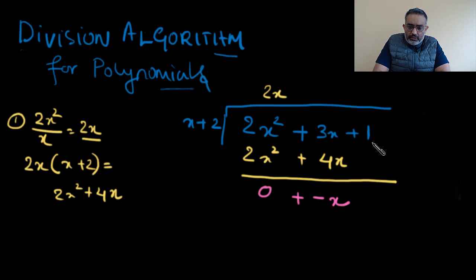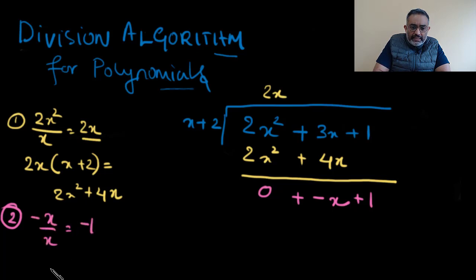All right, now let's bring down the third term plus 1, so we get negative x plus 1. All right, now in this term we would focus on this term and this term. So it is negative x divided by x equal to negative 1, and then we multiply that with this expression, so negative 1 multiplied by x plus 2, and we're going to get negative x minus 2.